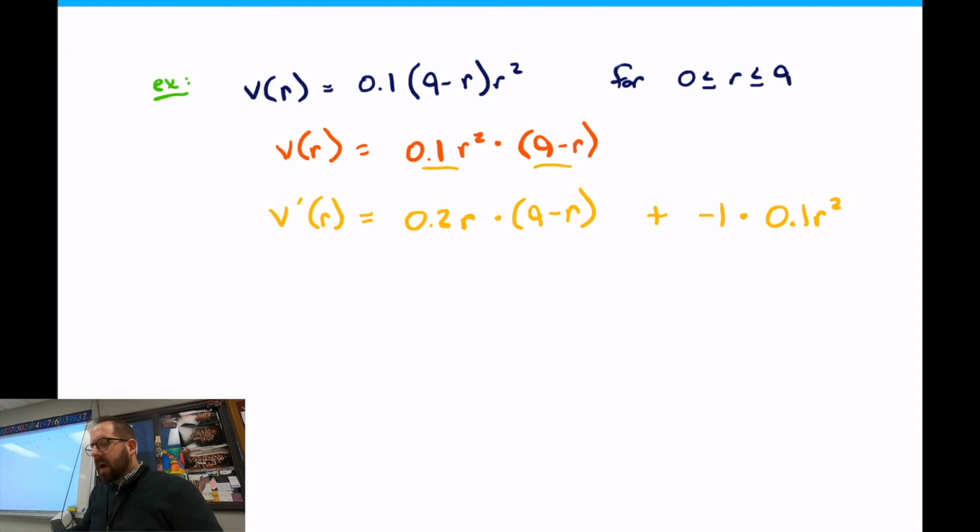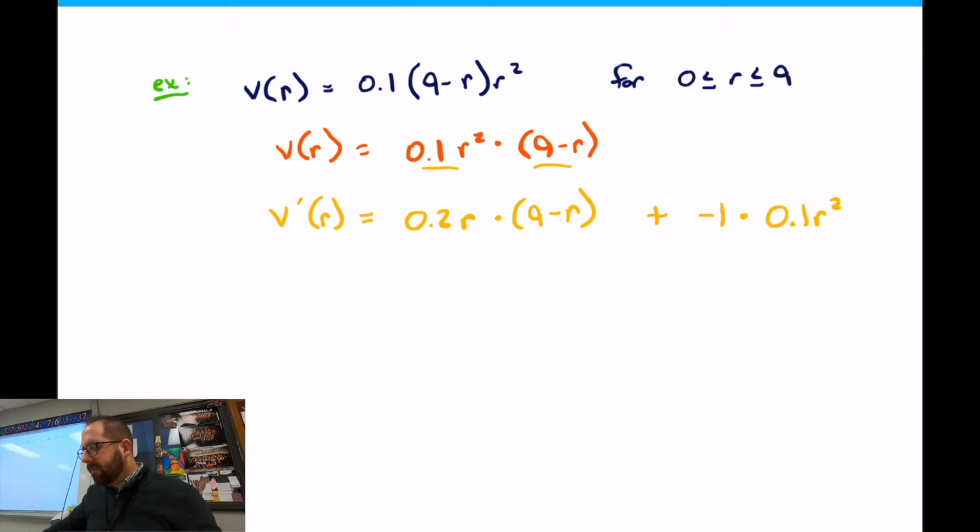Okay, now on this problem, to figure out if we have a max or min, there's a couple different ways to do it. I'm going to explain the easy way that I think of this problem, just so you can see it, and then we'll come back to it. They're giving me a limit here. I can't just go free range over this entire problem.